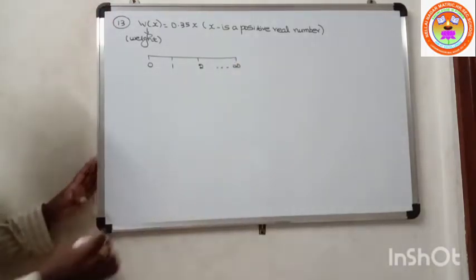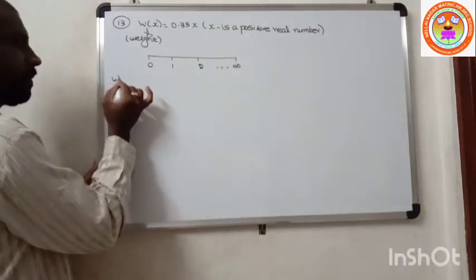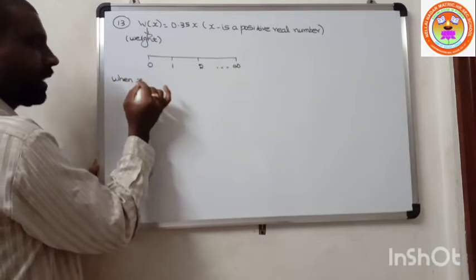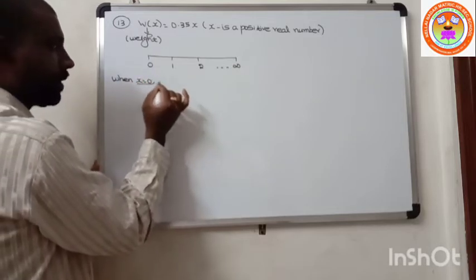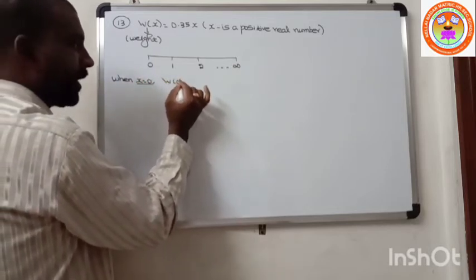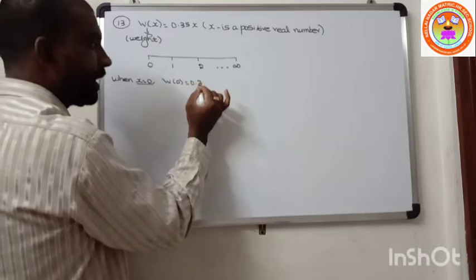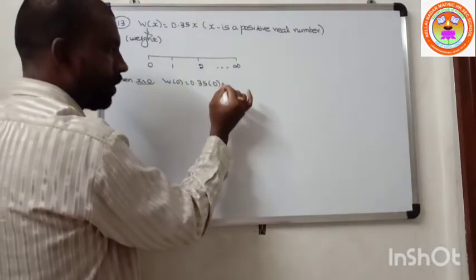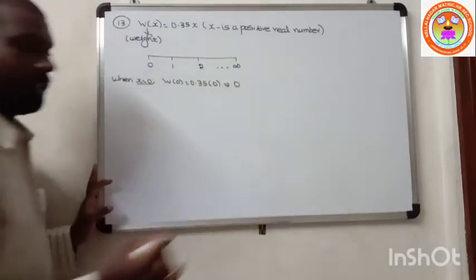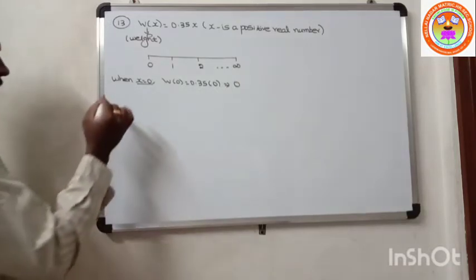First, when x equal to 0, W of 0 is 0.35 into 0, 0 into any term, 0.